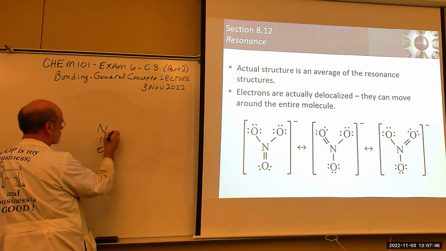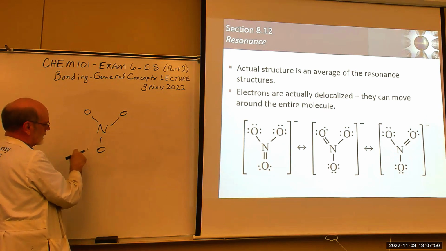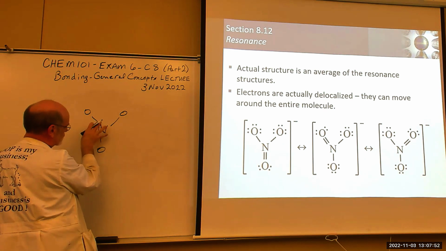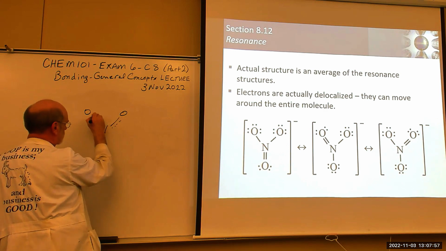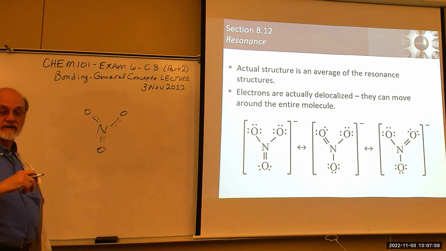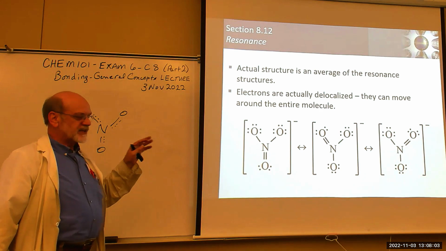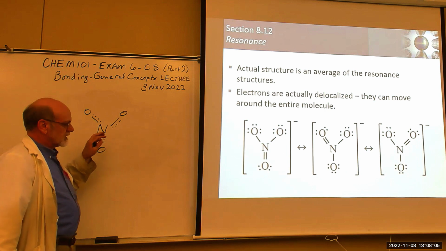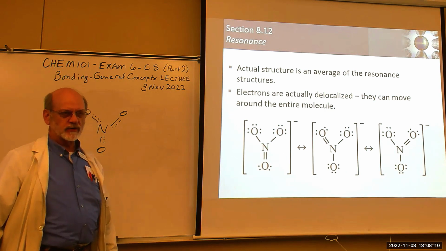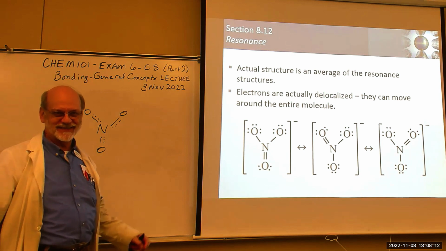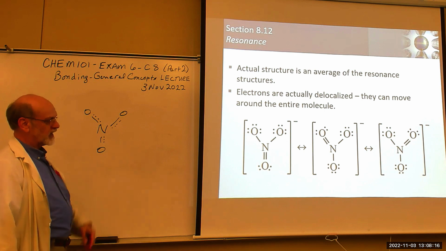Let's see, there's oxygen, oxygen, oxygen. I'm not going to draw the other electrons. So I'm just saying, instead of a double bond somewhere, it's a partial double bond, so that they're all equal. But this model doesn't allow us to draw that way because partially filled orbitals don't exist in this model. It either is or isn't. So we came up with resonance.